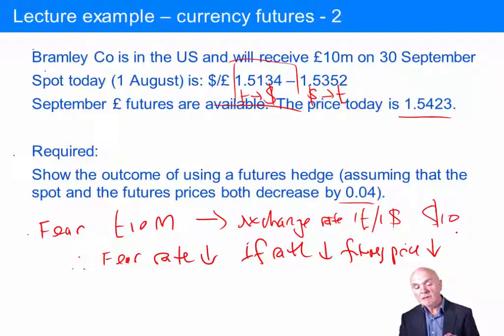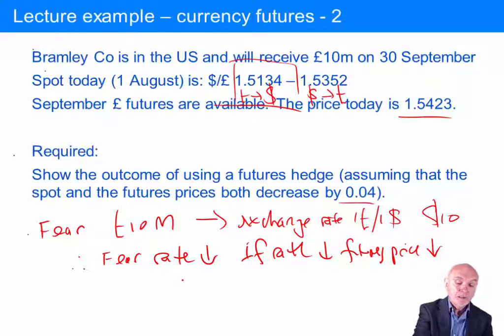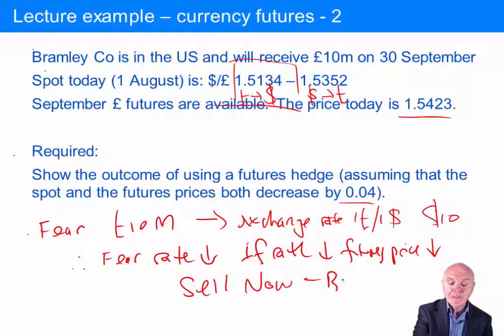So we're going to make a loss when the rate goes down, that's what we fear. If the rate goes down, the futures price goes down, how do you make a profit on something whose price is going down? The way you make a profit on something whose price is going to be going down is you sell now at the higher price and you buy later.